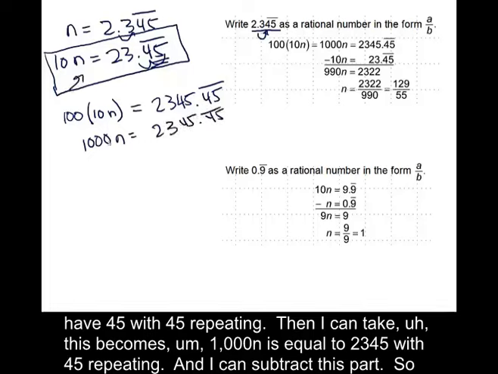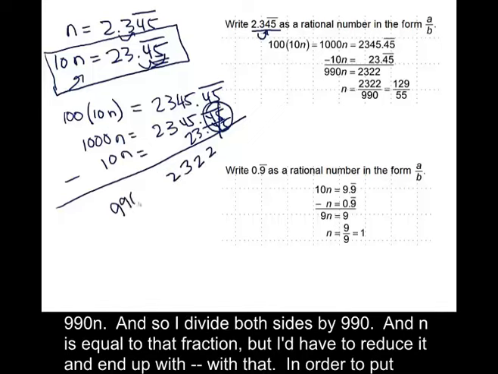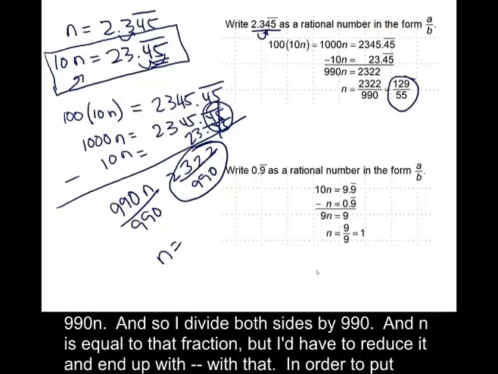That becomes 1000n equals 2345.45 repeating, and I can subtract 10n equals 23.45 repeating, which now makes the repeating part go away. 5 minus 3 is 2, 4 minus 2 is 2, and so on, and I have 990n. So I divide both sides by 990, and n is equal to that fraction, but I'd have to reduce it.